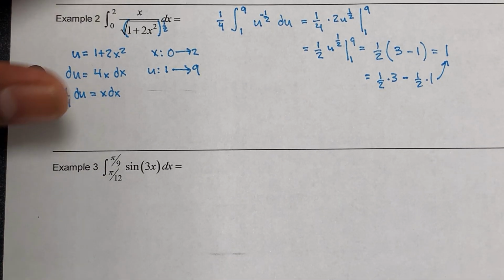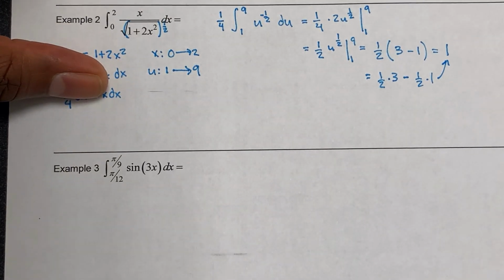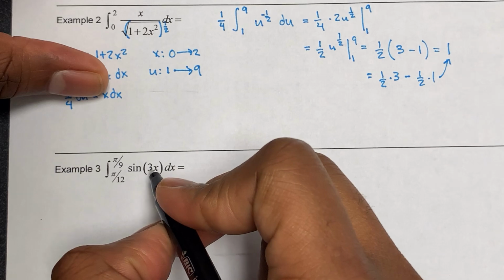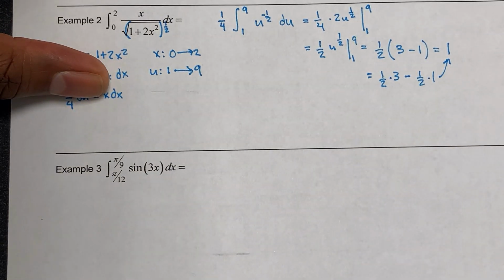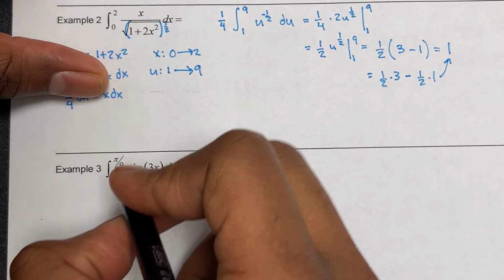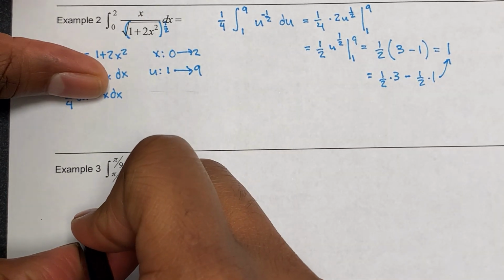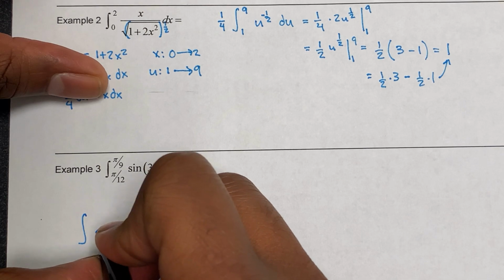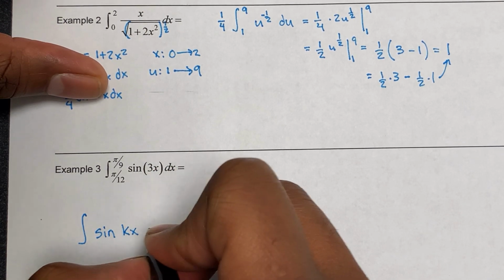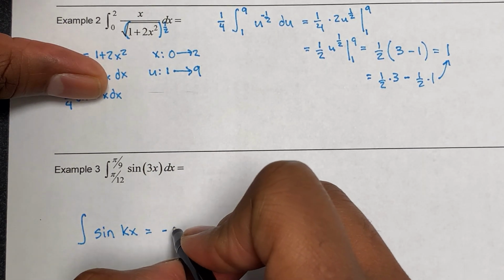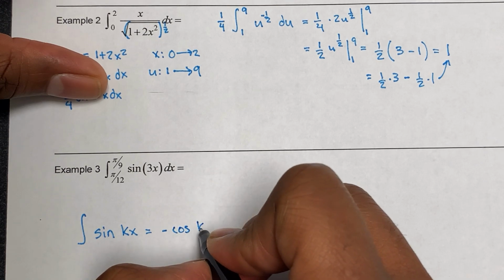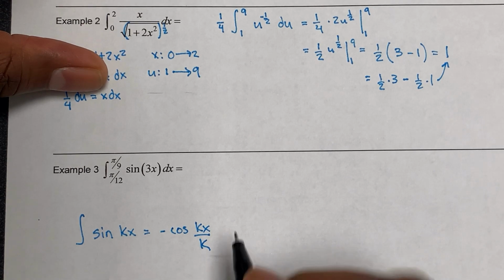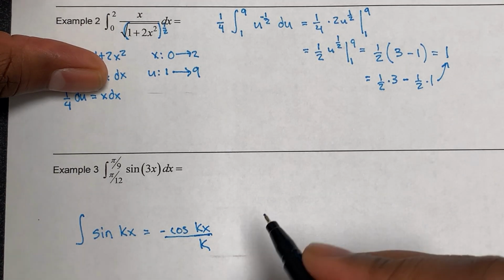Example 3. When we have a basic trig function, we wrote this rule in class. Let's see if we can quickly remember it. We said the antiderivative of sine kx is negative cosine kx over k, all of this divided by k.